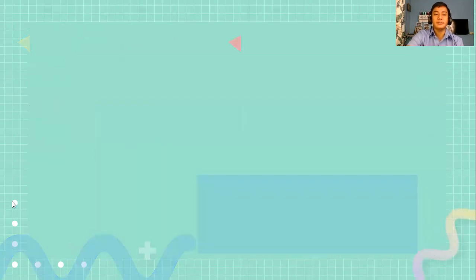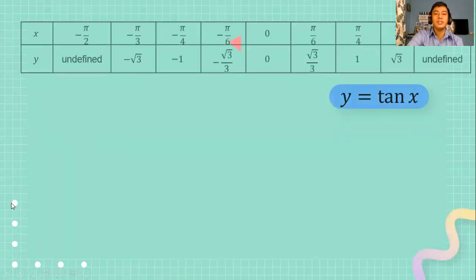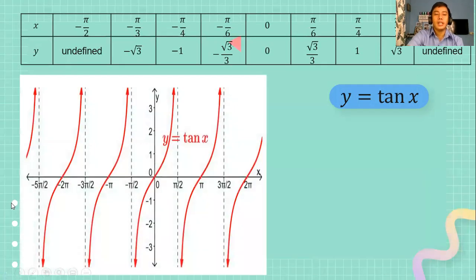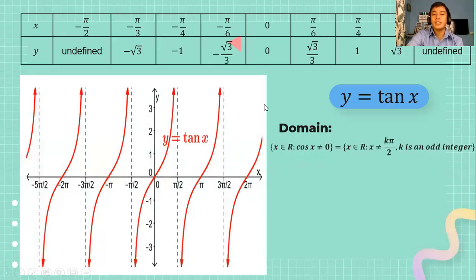Comparing the graph of the tangent function, there are asymptotes here that you could observe in the graph. The domain is the set of all real numbers, except that cosine will not be equal to 0. Why? Because we know that the tangent function is equal to the sine function over the cosine function.